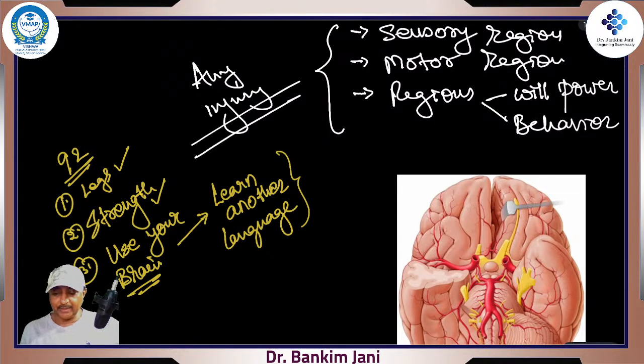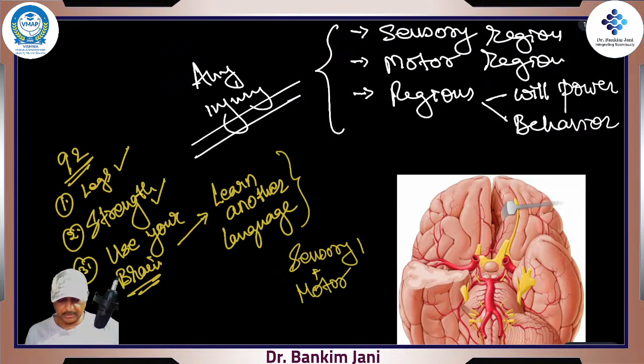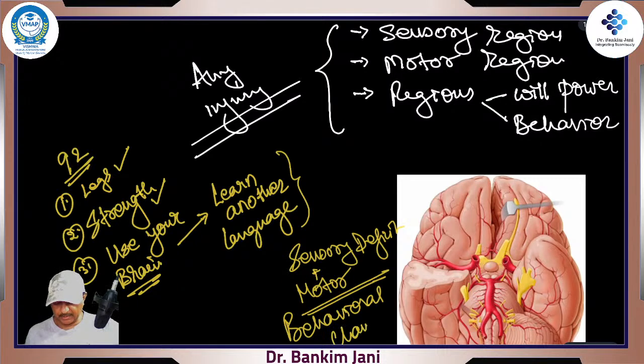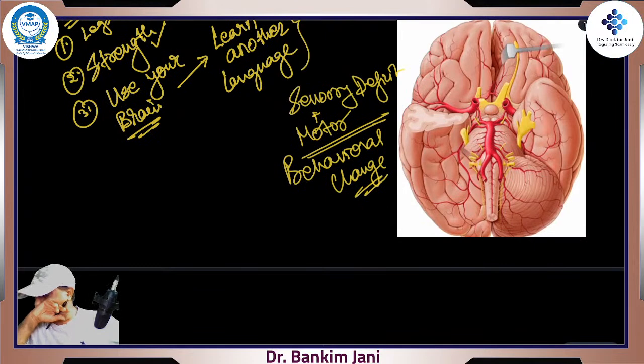So this is where it really happens: in case of any injury to this artery, it will lead to not only sensory deficit, but sensory plus motor deficit, and it will lead to behavioral changes. Interestingly, you will find that many times people who are not that aged still have behavioral changes.